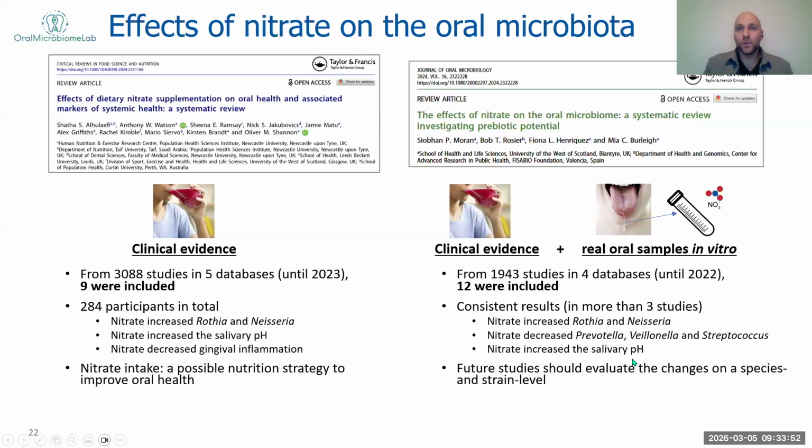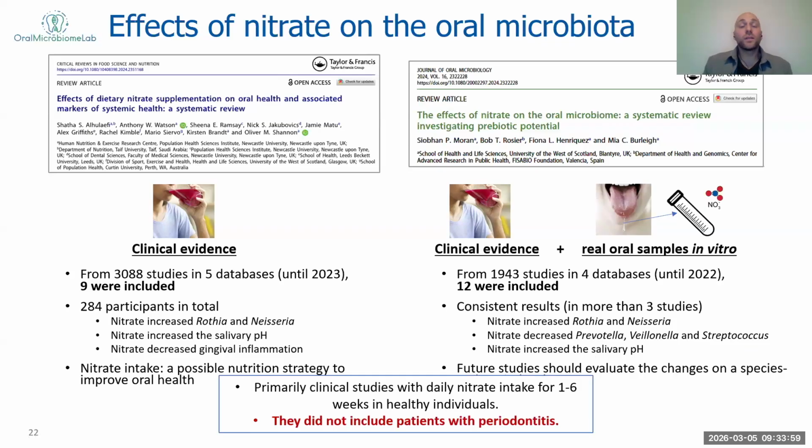And we concluded that future studies should evaluate the changes on a species and strain level. And most of the clinical studies that were included in these systematic reviews were studies in which individuals were consuming nitrate in the form of a vegetable juice for 1 to 6 weeks in healthy individuals.